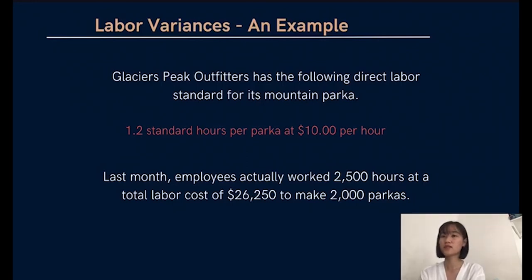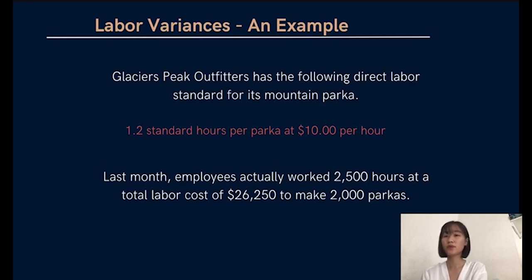Variances. The process of determining direct labor variances is the same as for determining the direct materials variances. Total labor variance is the difference between the amount actually paid for labor versus the amount that should have been paid.